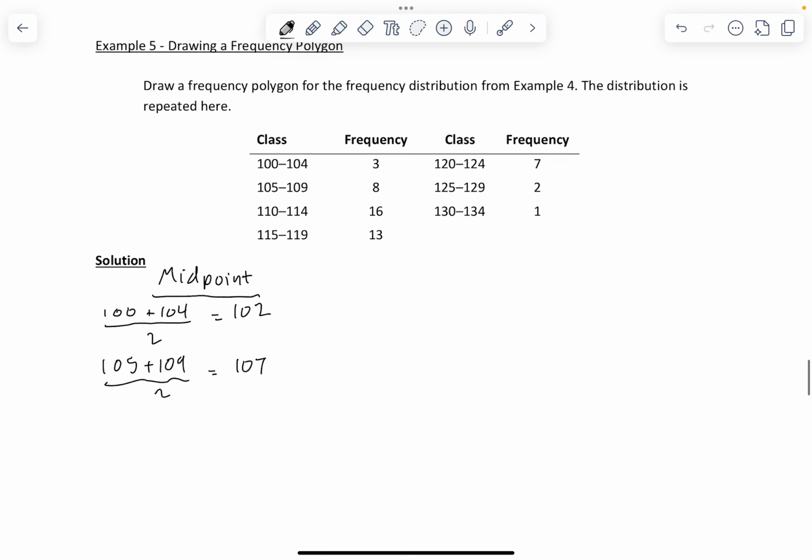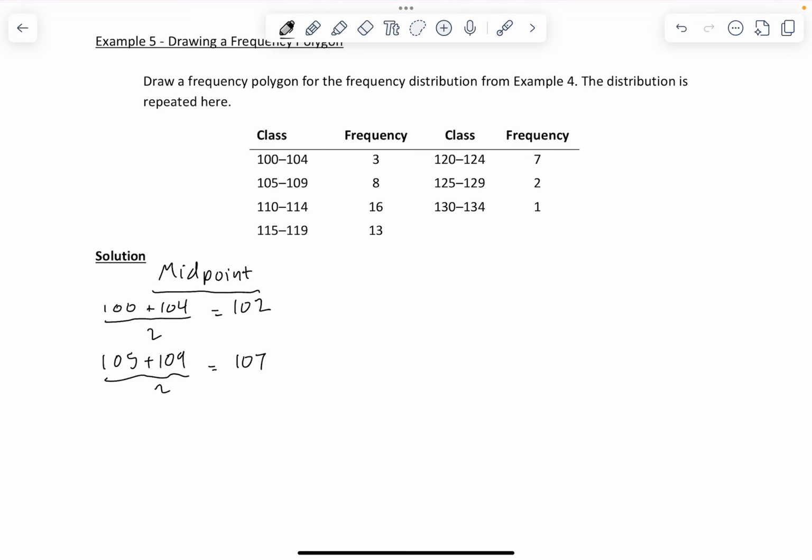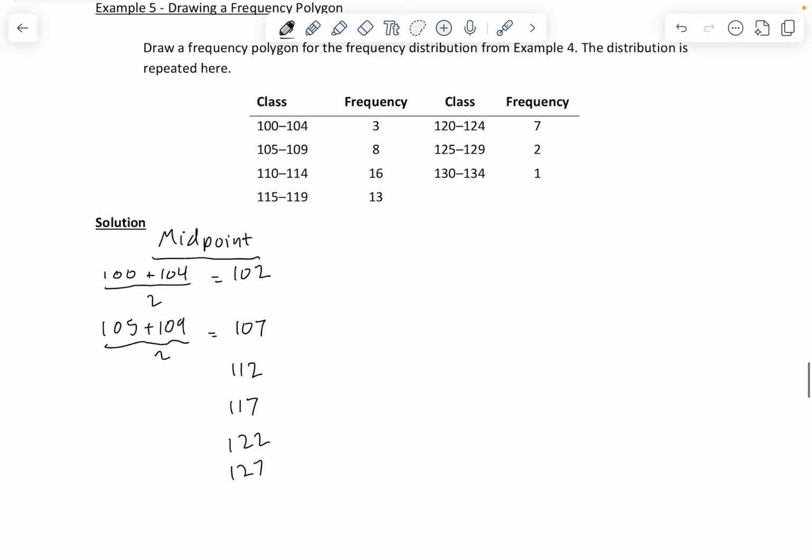If you did that same calculation for all of the classes, you'll end up with 112, 117, 122, 127, and 132. So there's my midpoints.